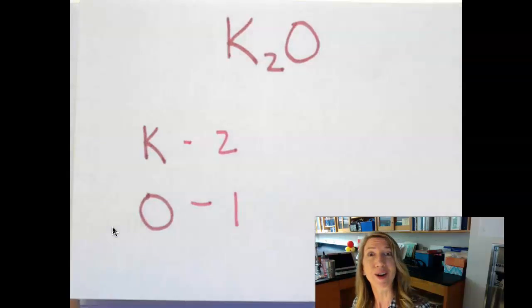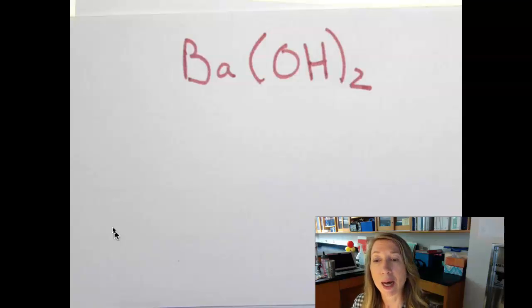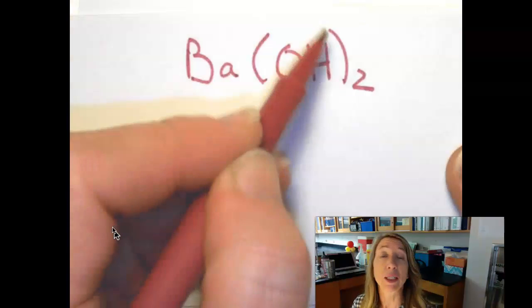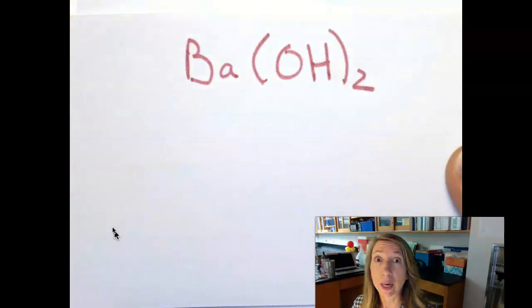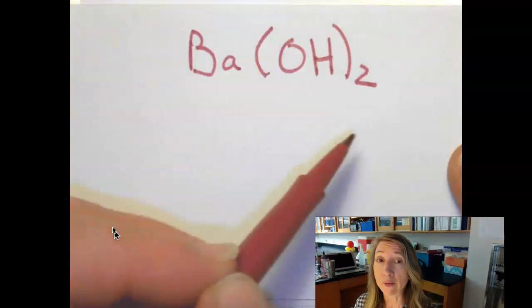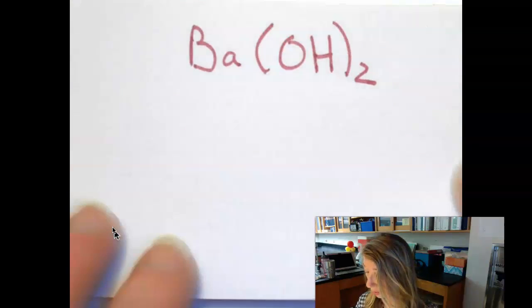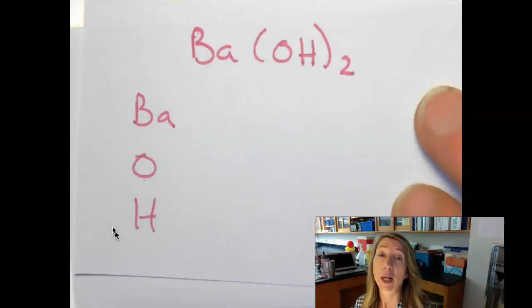Pretty easy so far. So next one, where we have a little more trouble, is when we have polyatomic ions. So in this example of barium hydroxide, we need to look at this parentheses. It tells us that there are 2 of the hydroxide ions. That means that there are 2 of everything inside of here. So we are going to list our elements.